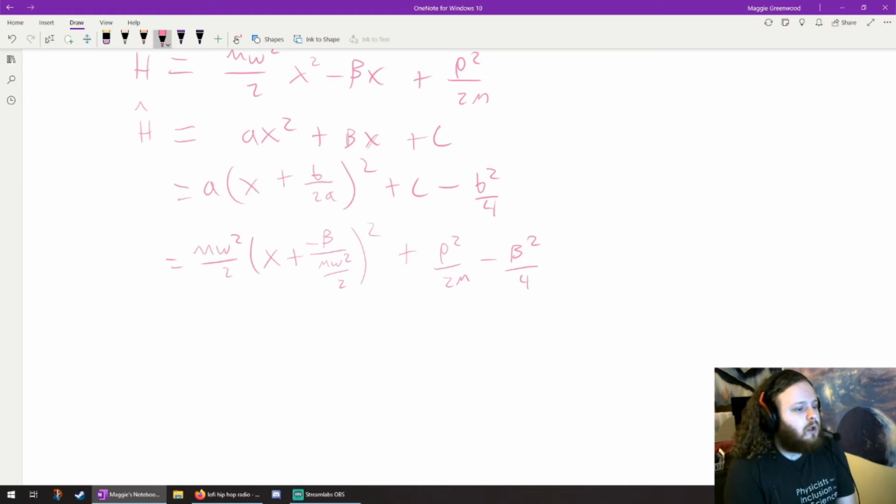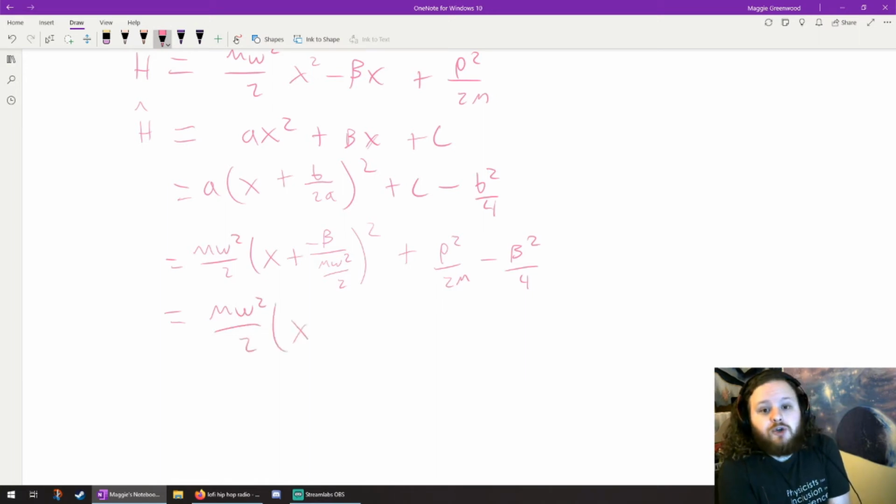Okay, so I just want to gather some terms really quick and identify what we have here. So m omega squared over 2, this combination of things, I'm just going to trust that beta over m omega squared has units of position. I could check, but I am pretty confident it will.